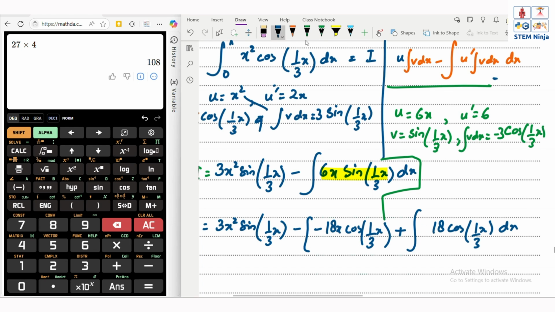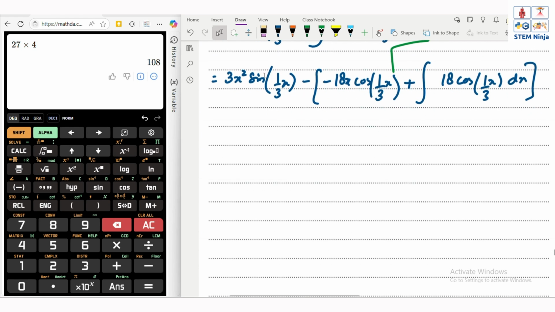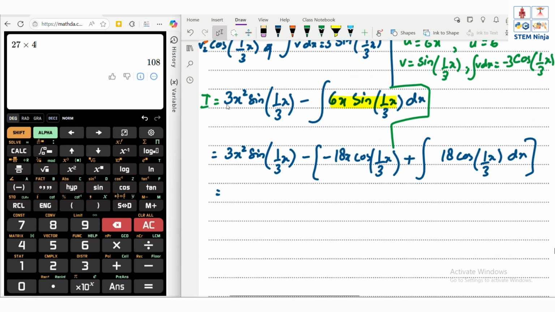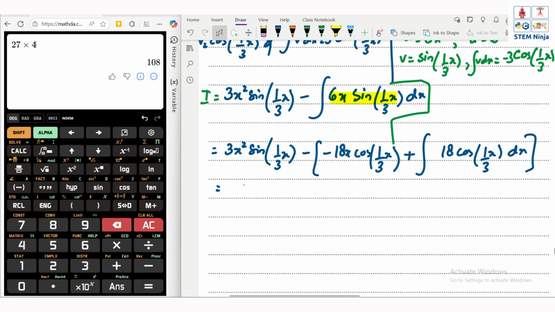Brackets. Now, finally, we simplify this and, oh, this was a definite integration, I forgot. So 3x squared sine of 1/3 of x, minus minus becomes plus 18x cos 1/3 of x, and again you have the integral of cosine, which is going to be sine.